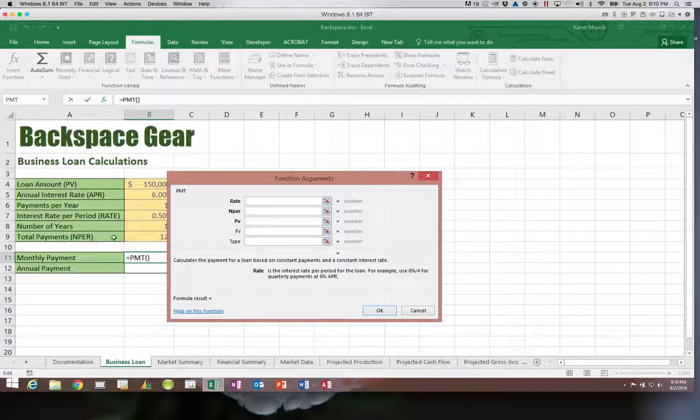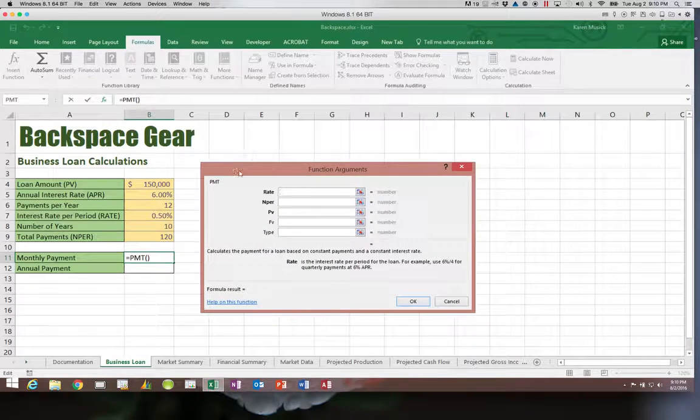So this first box says it wants the rate. Notice on the tip, it tells you here it has to be the interest rate for the payment period. For example, if the APR is 6%, you would have to divide that by 4 for quarterly payments.